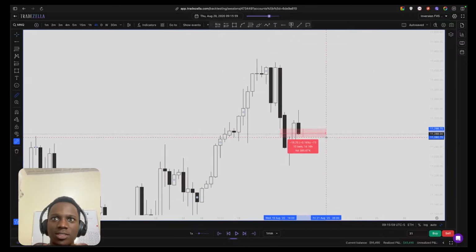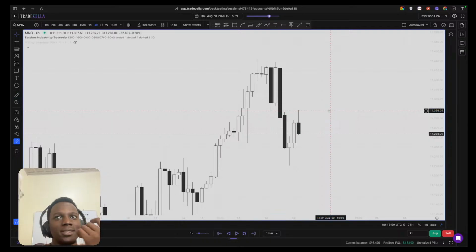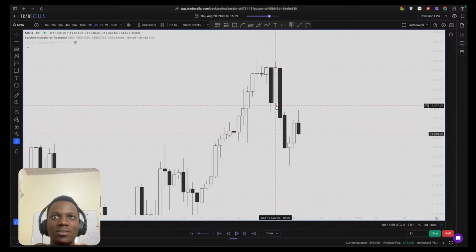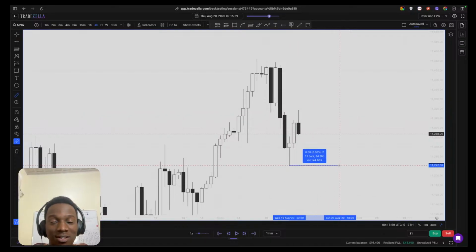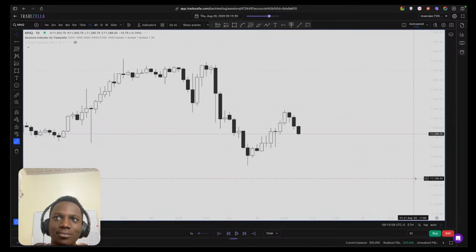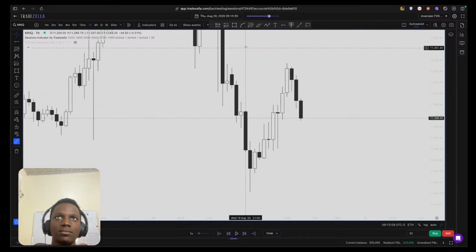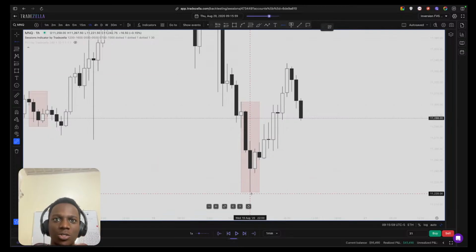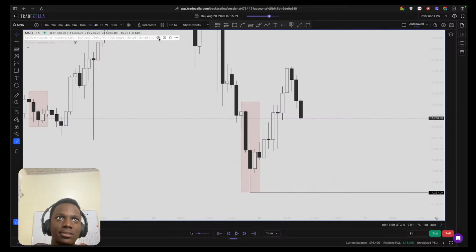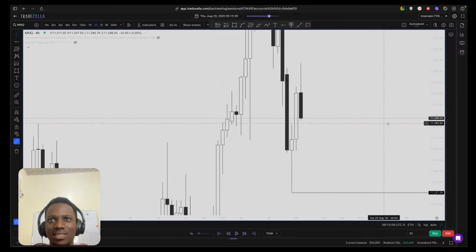Small inversion here, but another gap holding. So it's still trying to trick us because it's obvious that this gap could also hold and then price heads to these lows, then the Asia lows. So you can see that the Asia lows are here. I'd like to see where price heads after this.